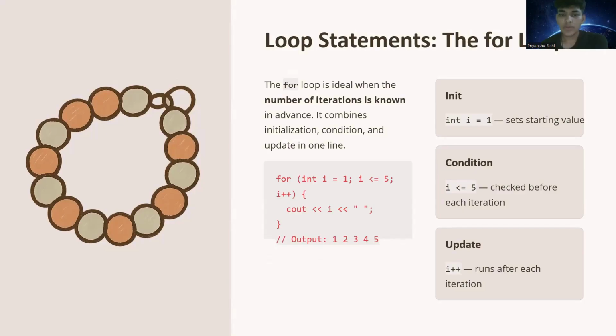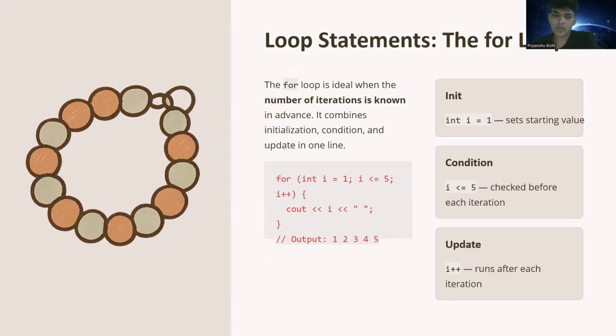Now let's move to the loops. The for loop is used when we already know how many times we want to repeat something. It has three parts: initialization, condition, and update.